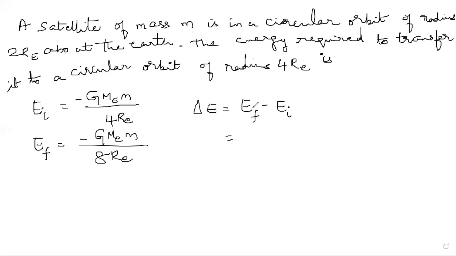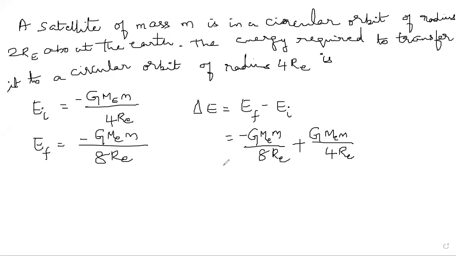So now if you write this EF minus EI, you can directly substitute. It is minus GMEM divided by 8 RE minus of minus, that is plus, GMEM divided by 4 RE.